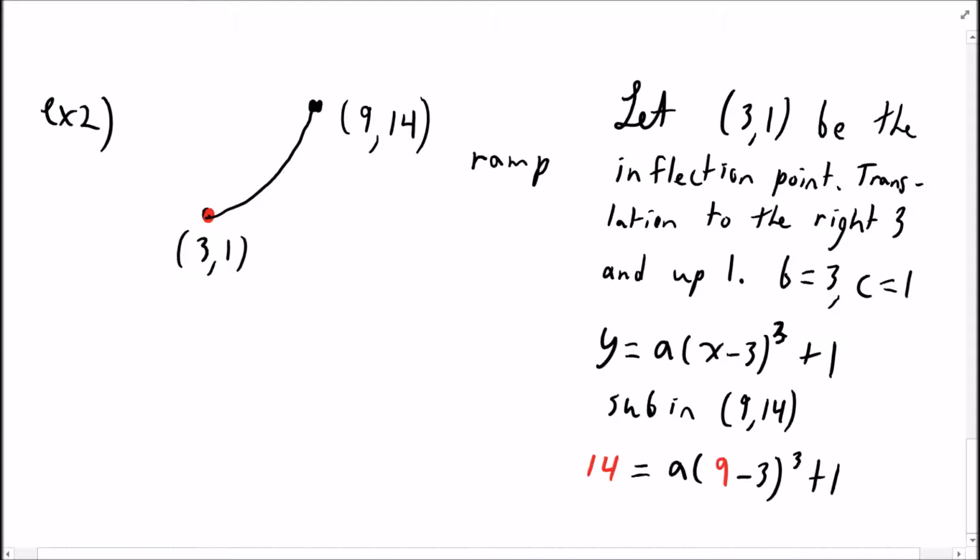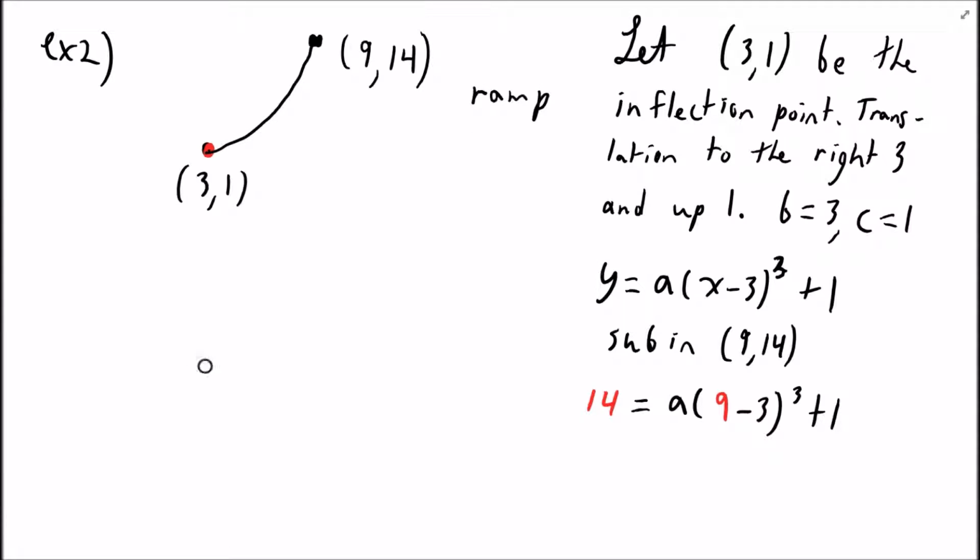So the first thing I would do was minus 1 from both sides, which is 13. 9 minus 3 is 6. 6 cubed is 6 times 6 times 6. So that's 216a. So the next thing I would do is divide by 216. So therefore, a is going to be equal to 13 over 216.